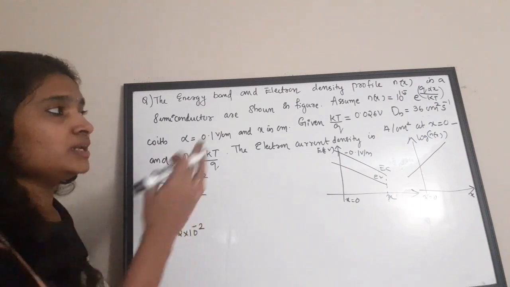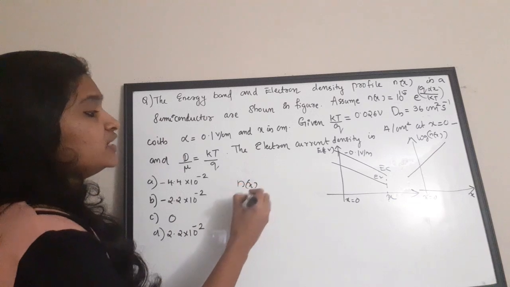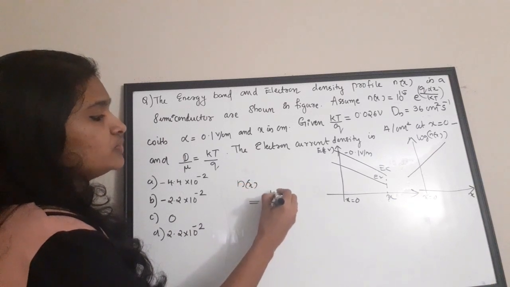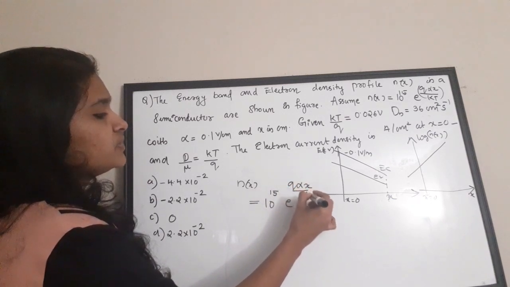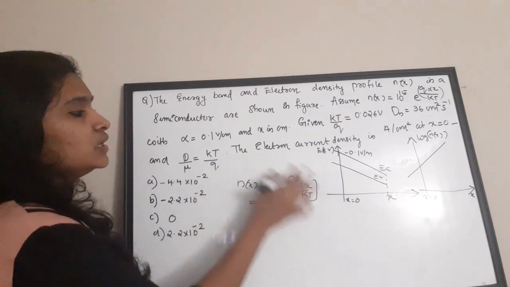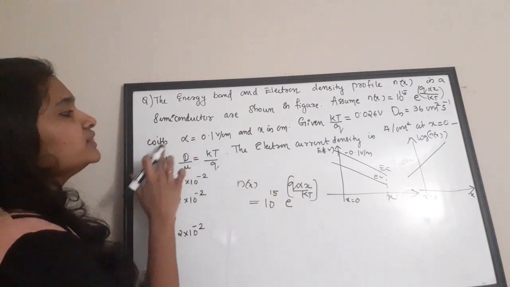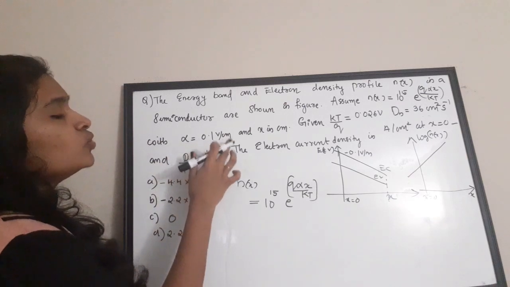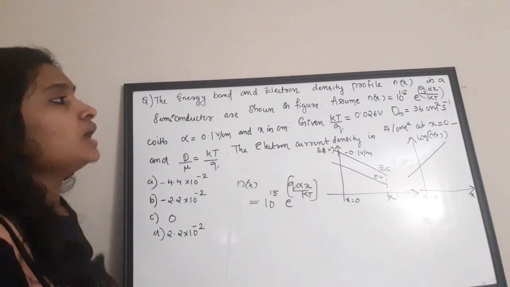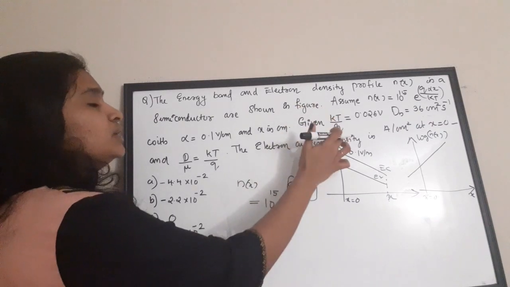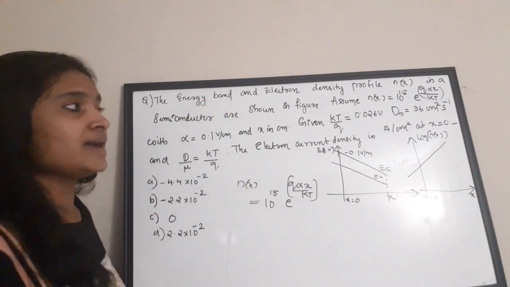We have also been given the electron density profile n of x equation, that is 10 raised to 15 e raised to q alpha x by kT. This is the electron density profile equation. We have been given alpha is equal to 0.1 volt per centimeter, x is in centimeter, and kT by q is equal to 0.026 volt.